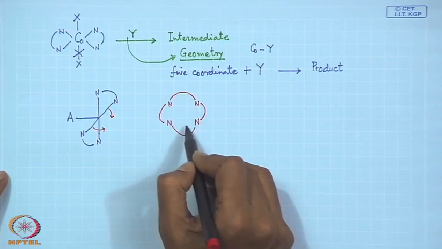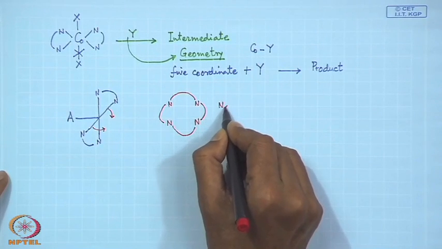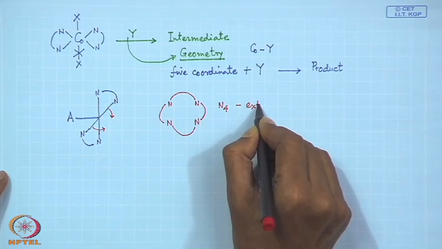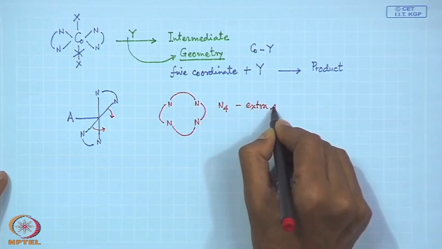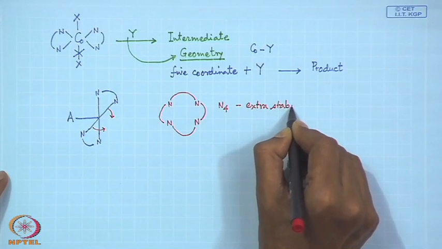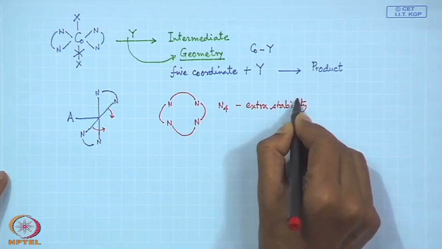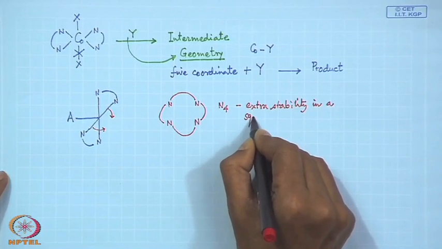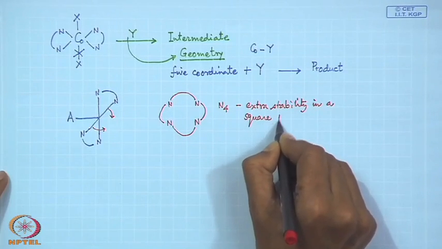In that particular case, the N4 ligand has some extra stability in a plane. So, it has extra stability in a square plane.